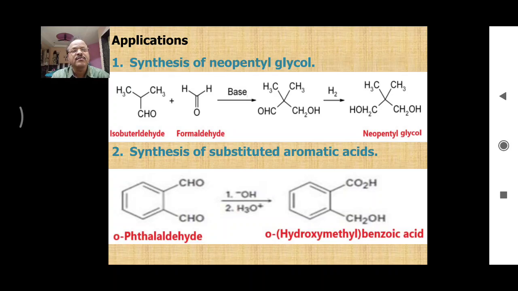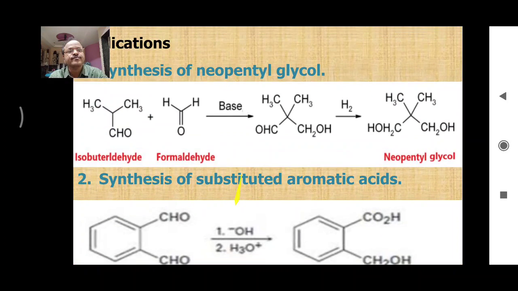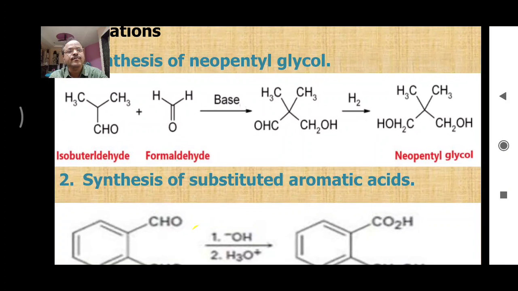Now let's see the applications of Cannizzaro reaction. The first application, it is used in the synthesis of neopentyl glycol. Neopentyl glycol can be prepared by Cannizzaro reaction. So here this is the starting compound isobutyraldehyde. Let me zoom this one. This is the isobutyraldehyde.